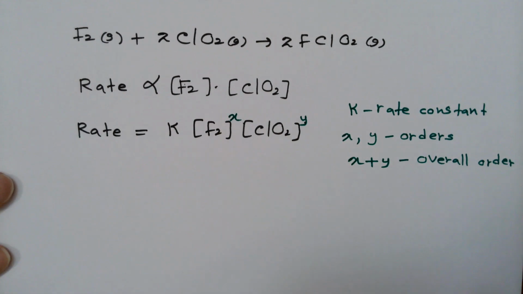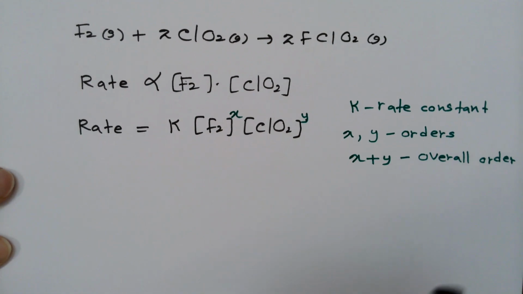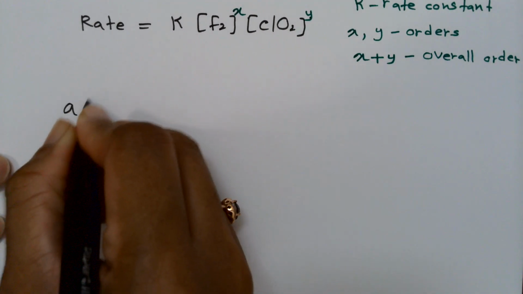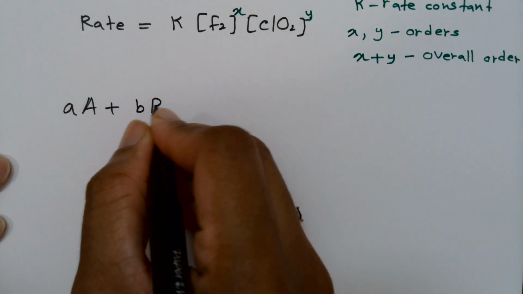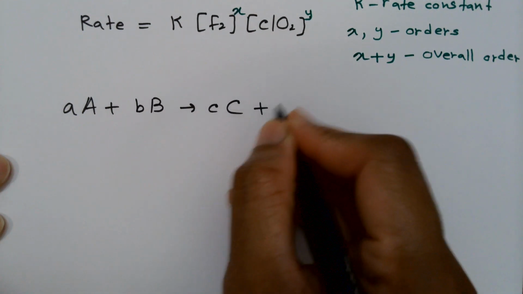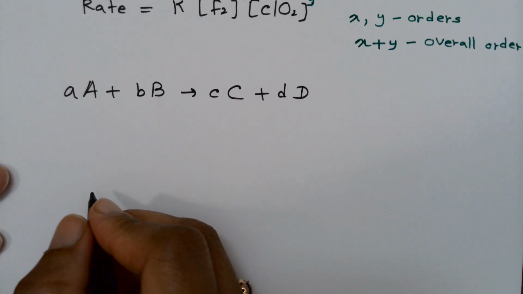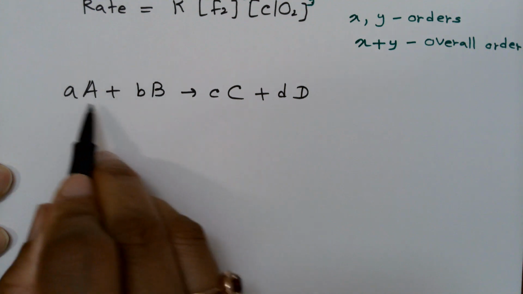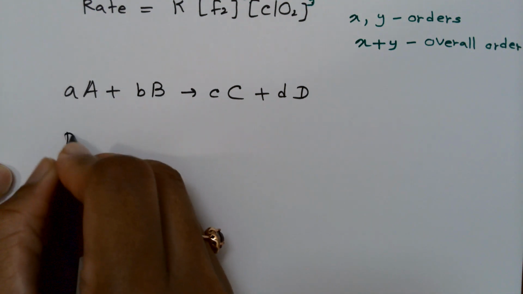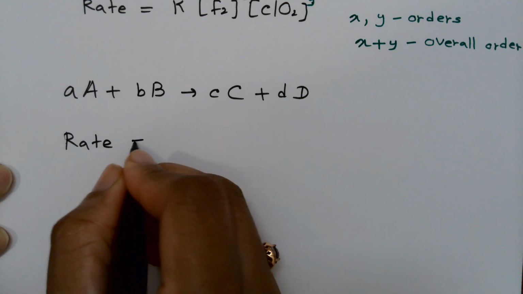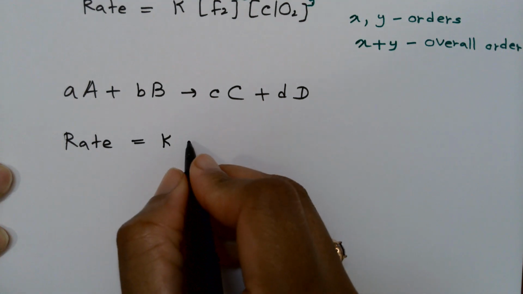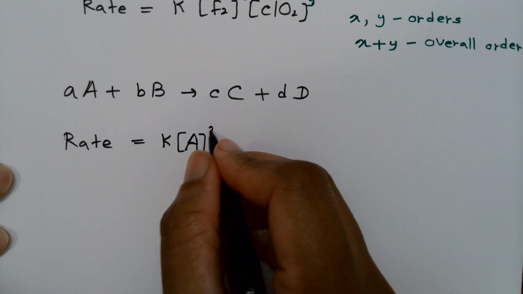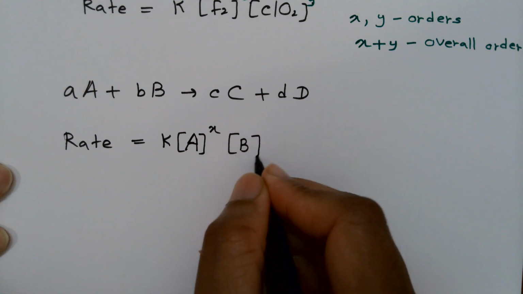Now for any kind of general chemical reaction, how do we write the rate law? Let's write the general format of the chemical reaction: a moles of A plus b moles of B goes to c moles of C plus d moles of D. For this general chemical reaction, let's write the rate law. Rate law means the rate is related to the reactant concentrations, so rate is equal to the rate constant K times A concentration to the power x times B concentration to the power y.